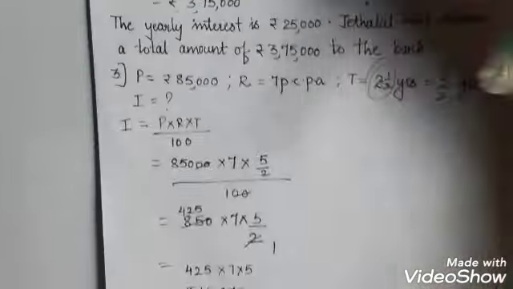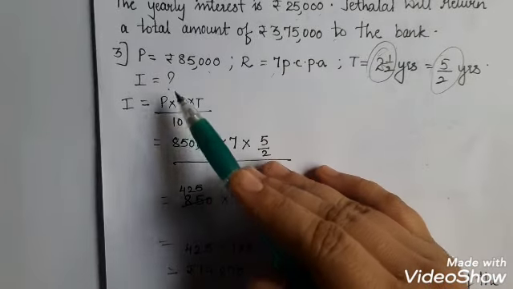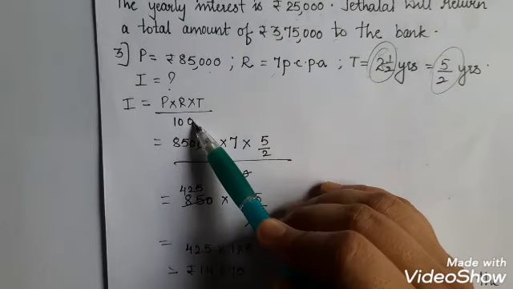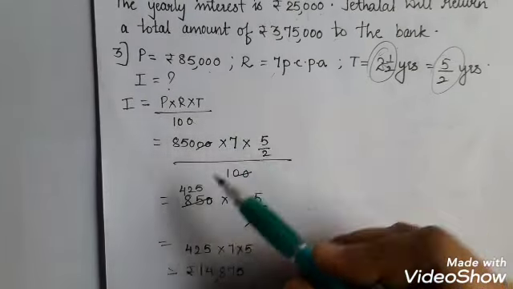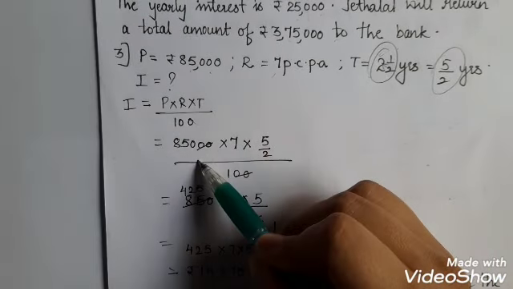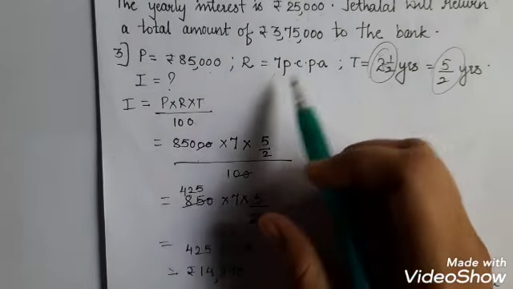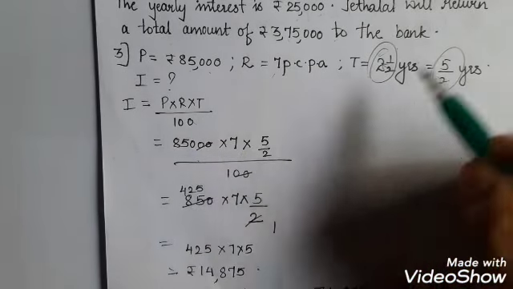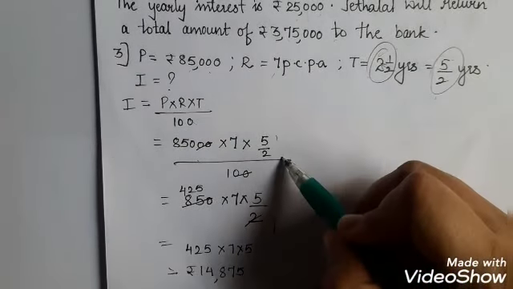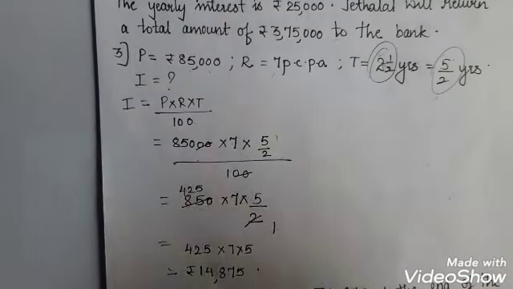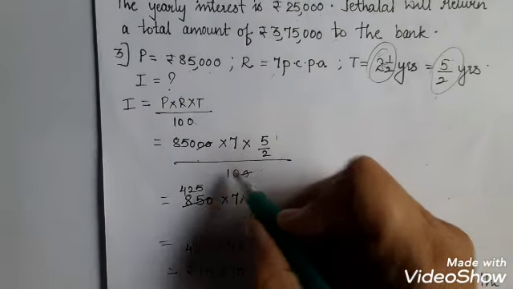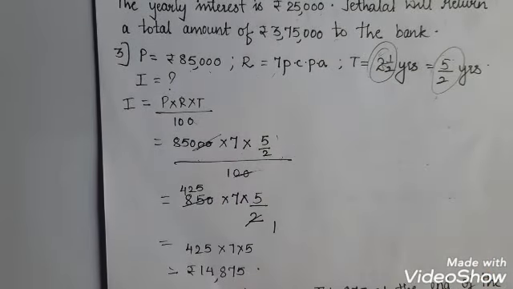So what is the formula for interest? P multiplied by R multiplied by T upon 100. So principal is 85,000, R is 7 PCPA and T is 5 upon 2, the whole upon 100. These 2 zeros and these 2 zeros get cancelled, right?